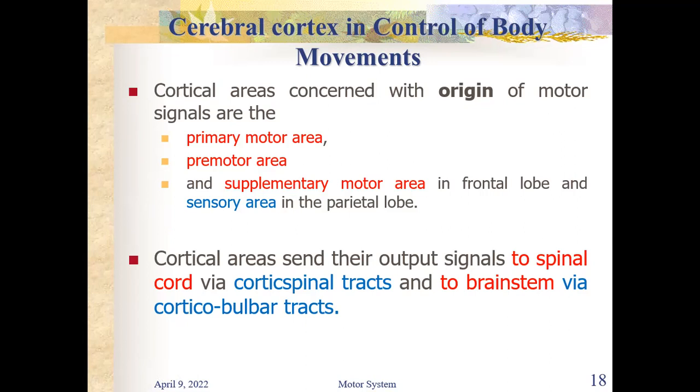At the brainstem, we have the crossing over of some of the fibers, which are the corticospinal tracts. So we have the crossing over of the fibers to the lateral part of the spinal cord, and descend as the lateral corticospinal tract. Then we also have uncrossed fibers at the level of the medulla, which descend as the anterior corticospinal tracts. So the crossing over takes place at the level of the brainstem and the medulla.